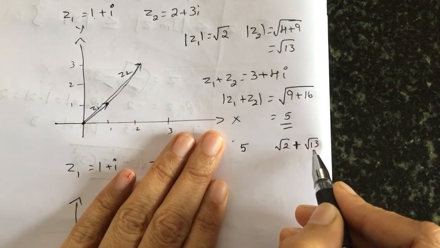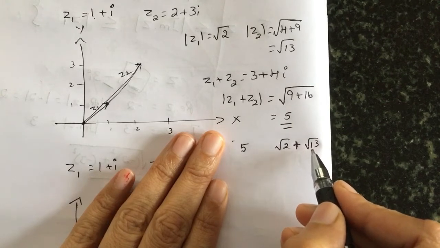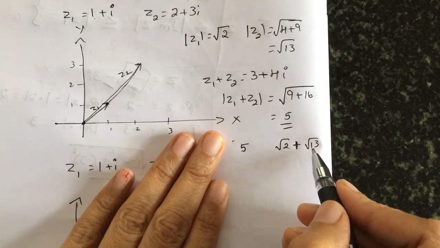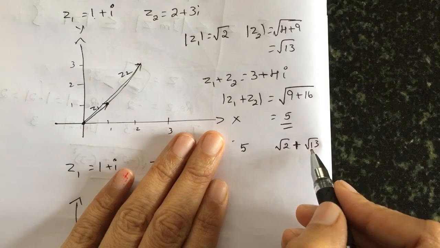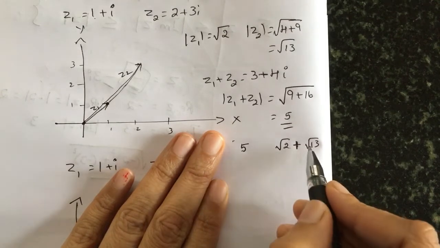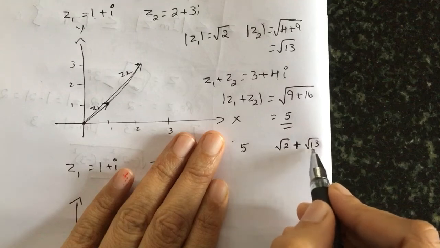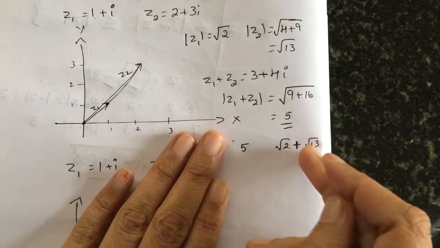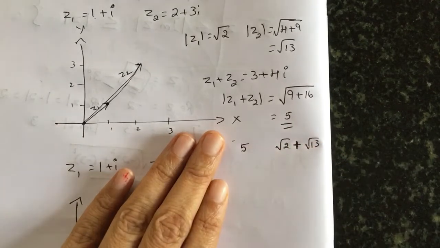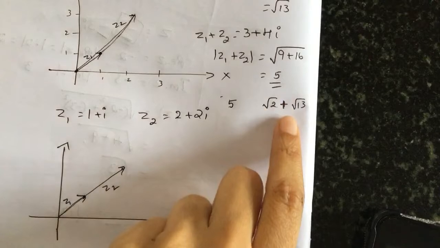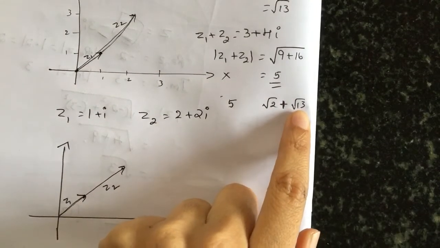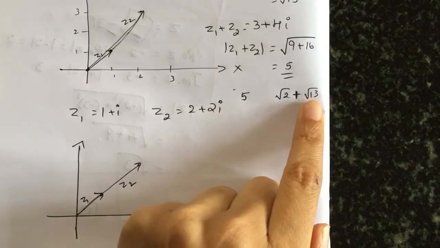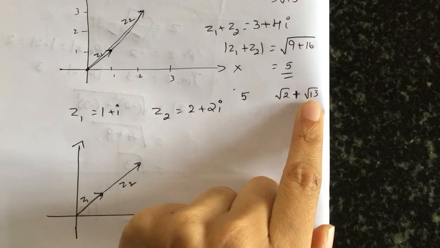Of course, root 13: root 16 is 4, root 9 is 3, so it's in between 3 and 4, somewhere around 3.605, I guess.